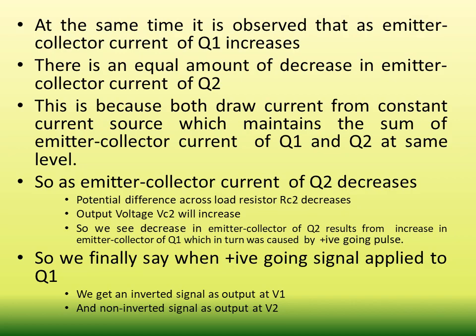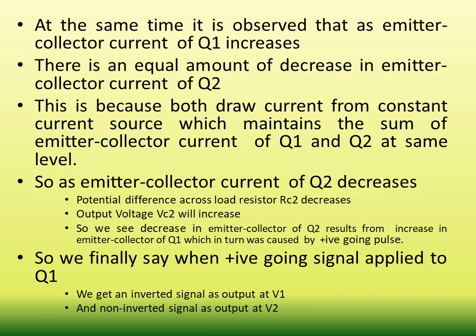So in short, when a positive going signal is applied at the base of Q1, we get a negative going pulse at the collector of Q1, and a positive going pulse at the collector of Q2. So we finally say when a positive going signal is applied to Q1, we get an inverted signal as output at V1 and a non-inverted signal as output at V2.